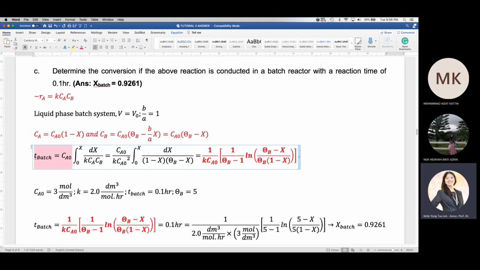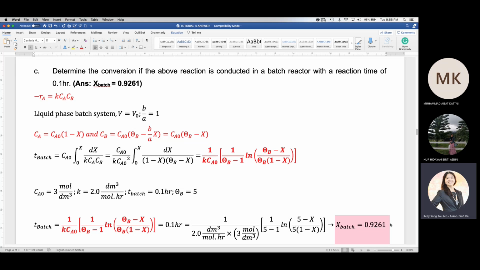Reaction time ganti 0.1 hour. K the same, CA0 the same, theta B the same, just X yang kita kena cari. And if you do this correctly, kamu akan dapat conversion dia 0.9261.